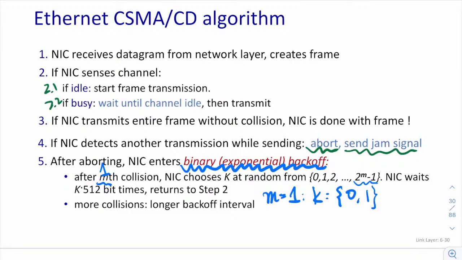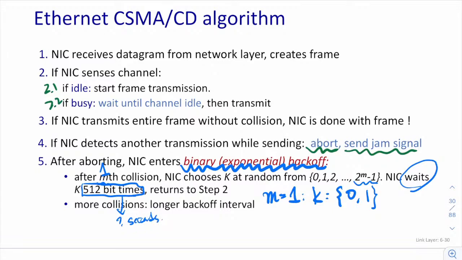So the network interface card waits K times 512 bit times. So basically it is a time, some seconds, defined in the protocol. It will wait.